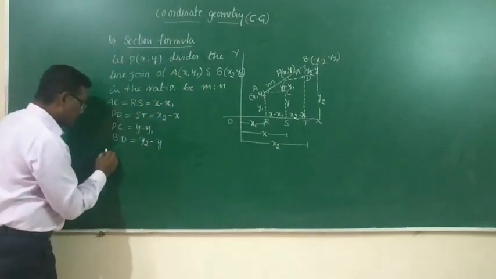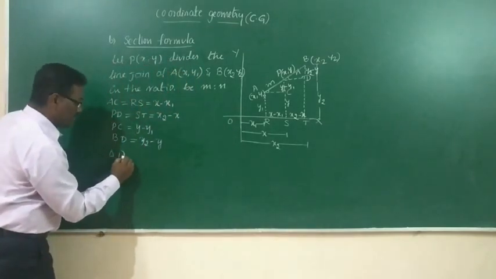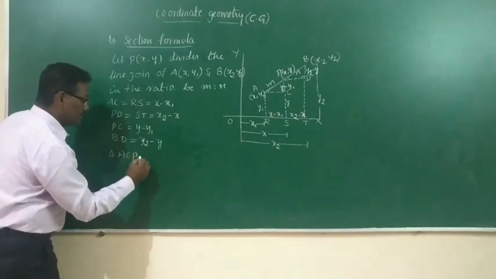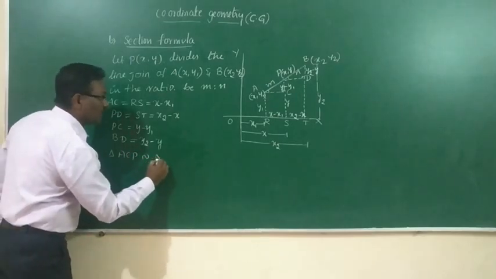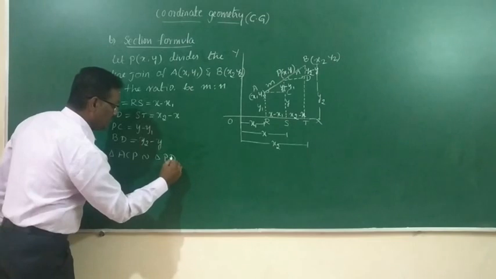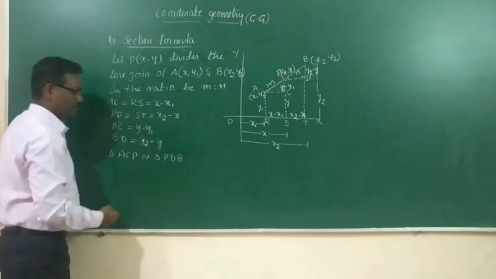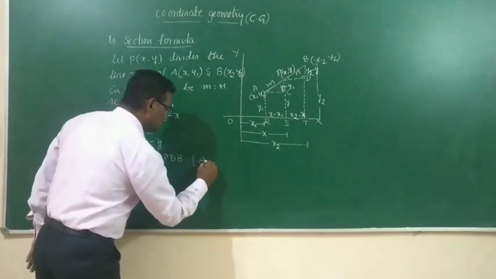Therefore, triangle ACP is similar to triangle PDB by AA similarity.